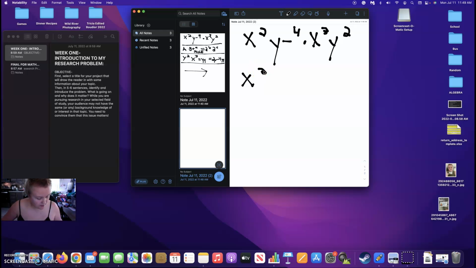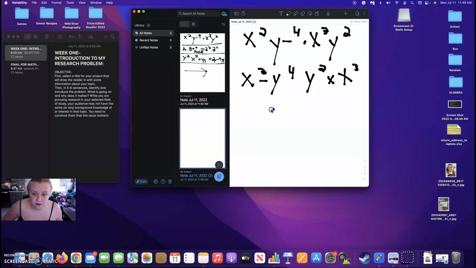I'm going to keep the next one, the y to the fourth, the same. It's minus y to the fourth. Subtract those, and then we'll do y squared again because you have a total of y times x to the third, so you can add the x to the third in there to get the right result.